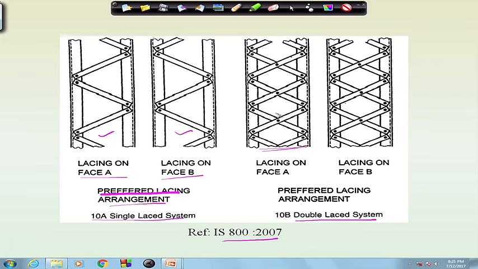When double lacing systems are there, it is preferable that you make a bolt connection here, that means you tie it, then it will be much more effective, and face A and face B should be in this way. So, as per codal provision, the lacing on face A and face B should be like this. That means similar, identical to each face.